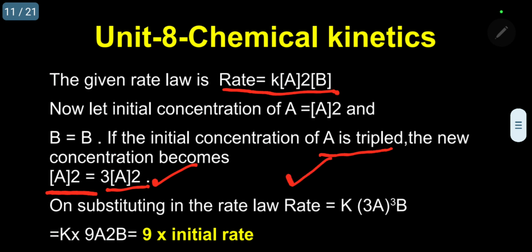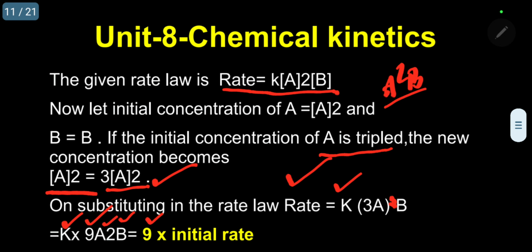On substituting in the rate law, what is the rate law? k, instead of A squared, I am writing (3A) squared into B. So what happened now? k (3A) whole squared, 9A squared again into B. So when you are comparing now, 9 is there, the initial rate is A squared B. Kindly follow, the initial rate is A squared B. So what is the difference?